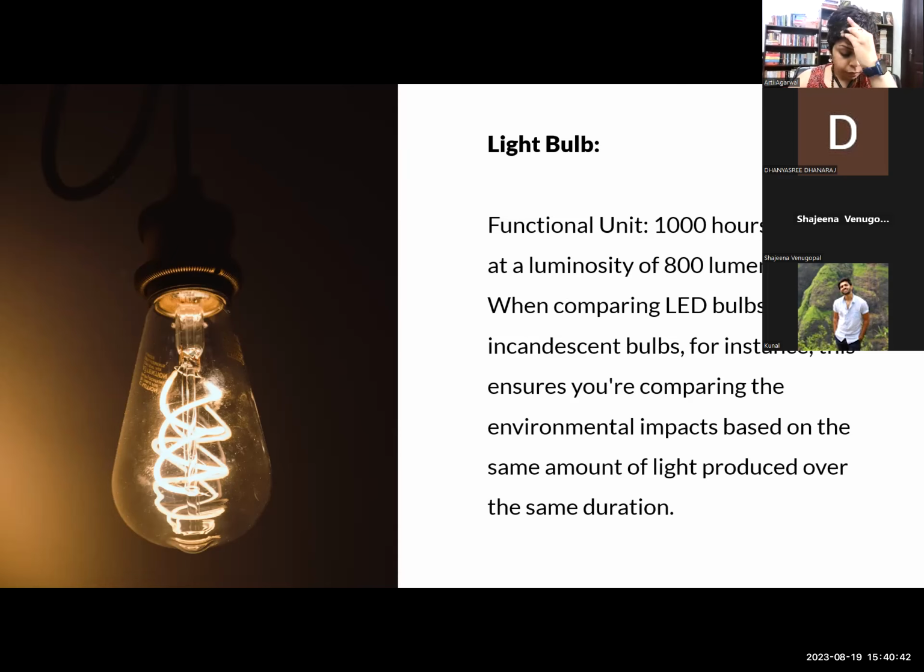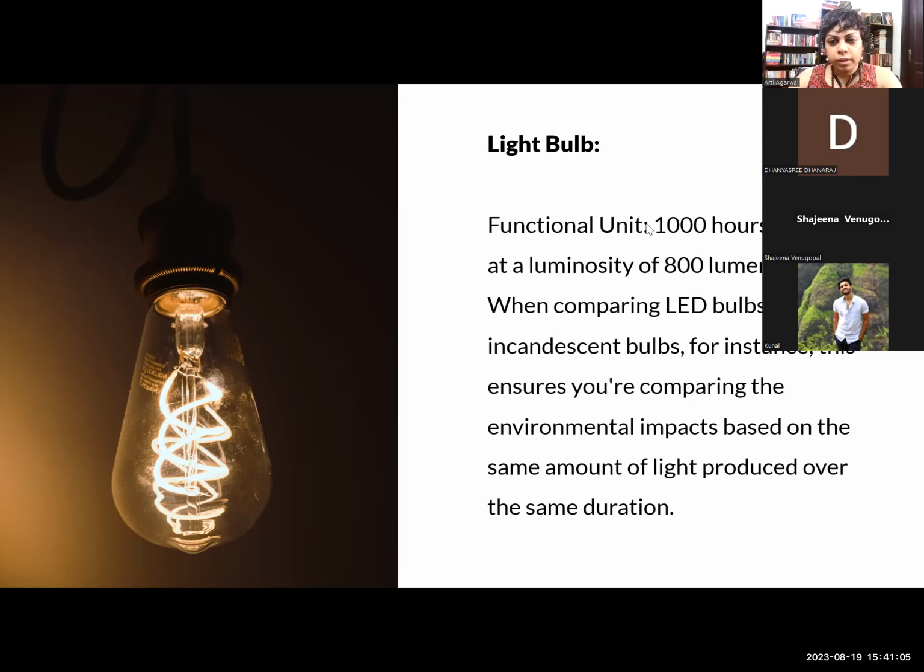So in a bulb, the example is that you decide so many hours of lighting. For example, we're taking 1,000 hours of lighting here, but it can be 100 hours also. That's up to you. At a particular luminosity. So suppose we take luminosity as 800 lumens.